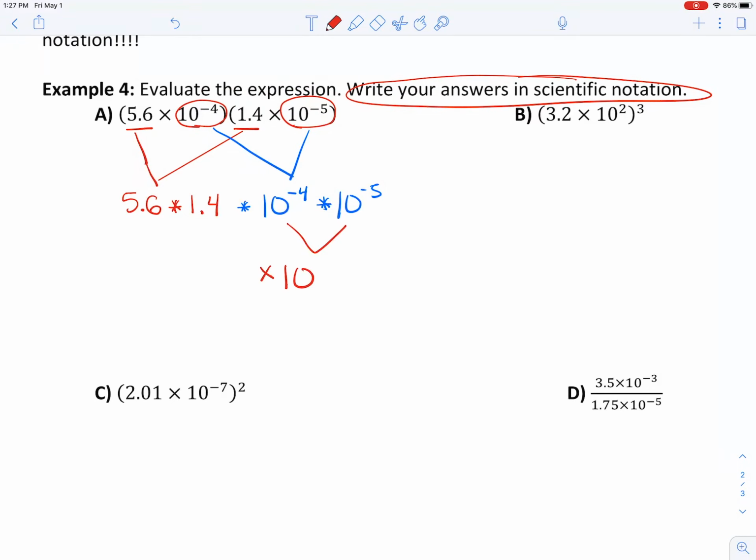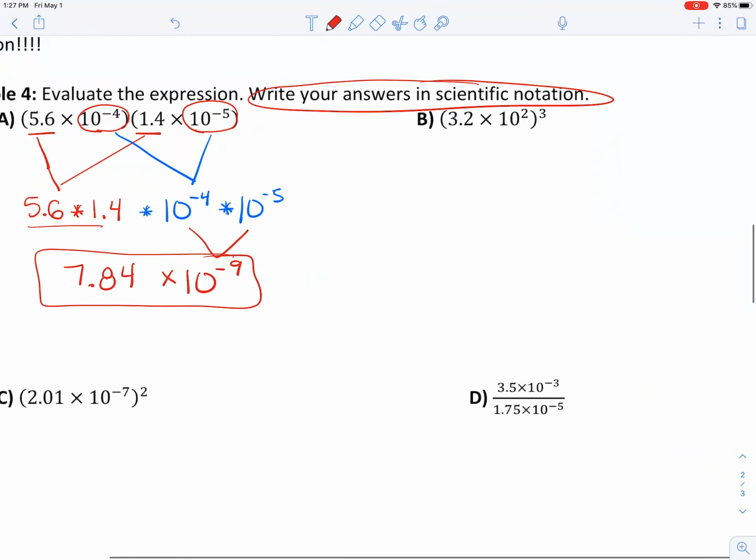So if I were to take these two numbers and add the exponents, we would have times 10 to the negative 9th power. And then if I take a calculator and do 5.6 times 1.4, I should get 7.84. I just want to double check, is this in scientific notation? And yes, it is. Yep.